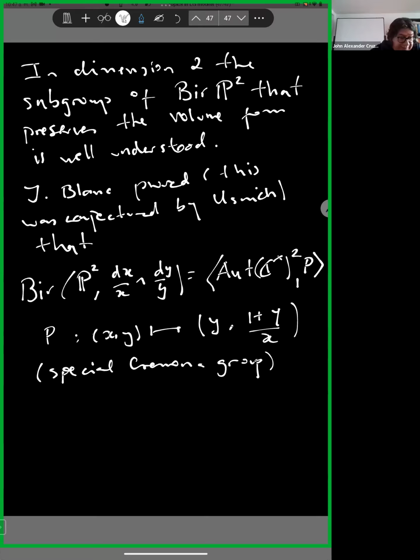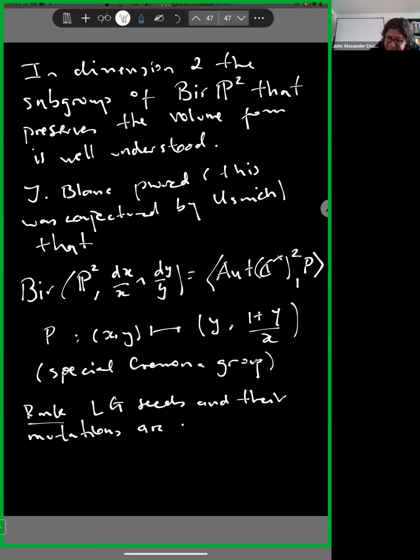So there is this remark. This actually means that we have these seeds, these Landau-Ginzburg seeds, and their mutations, which are an instance of the general notion of cluster algebras.